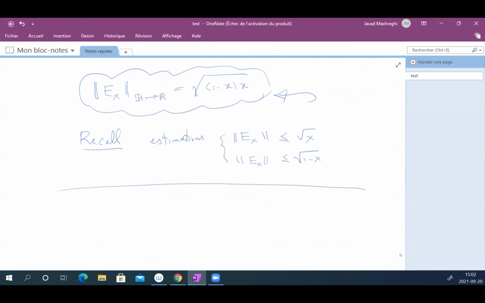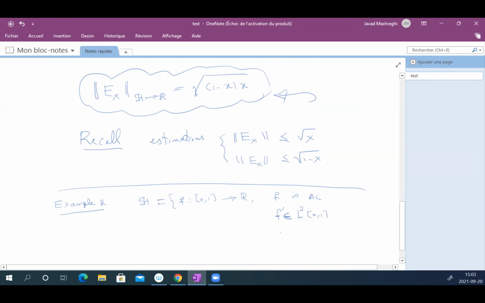Sobolev space 2, so let me call it example 2, is like the previous one. H is the space of functions defined on the interval 0, 1 with values in R, such that F is absolutely continuous, and we also add that F prime is in L2.